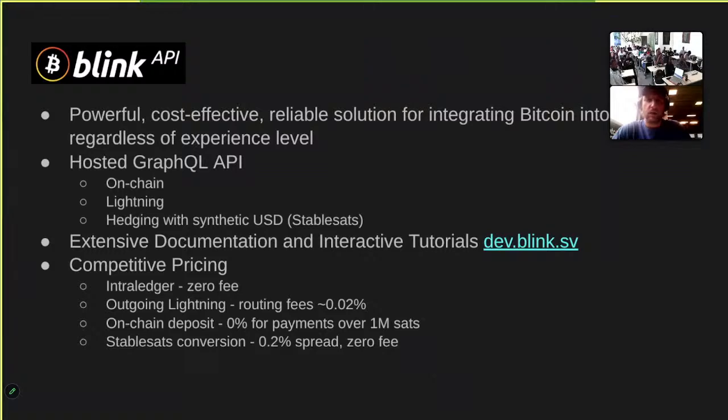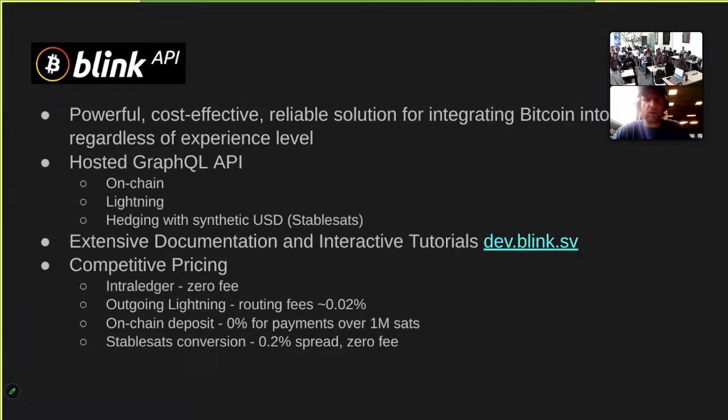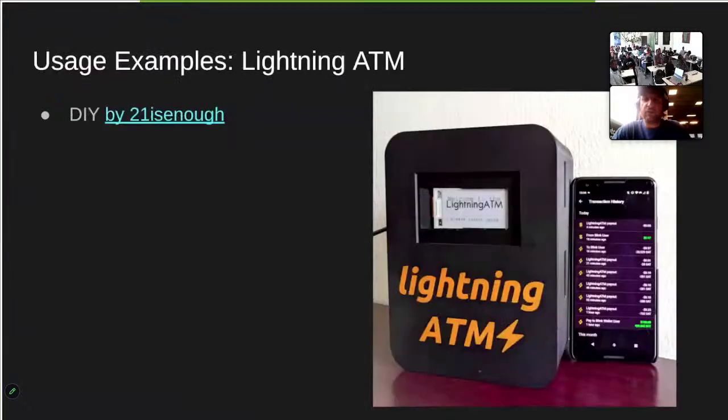Okay, let's move on. So we're going to have a look at a couple of usage examples of the Blink API. So this here is an example called the Lightning ATM. It is a do-it-yourself Lightning ATM where you can basically throw in coins or banknotes.